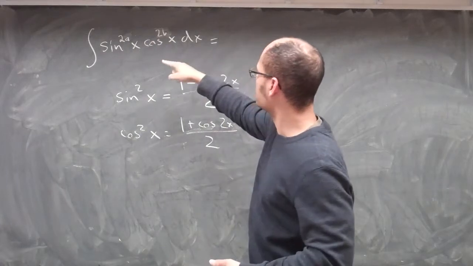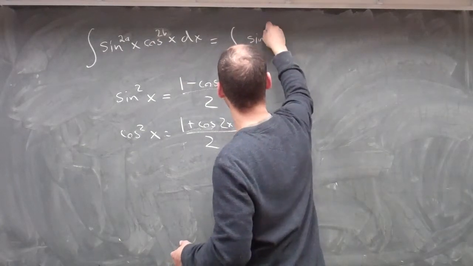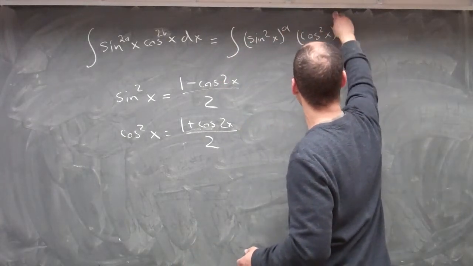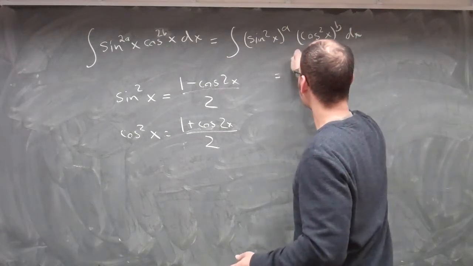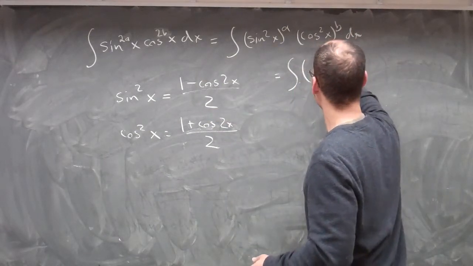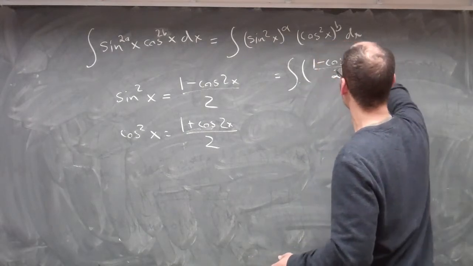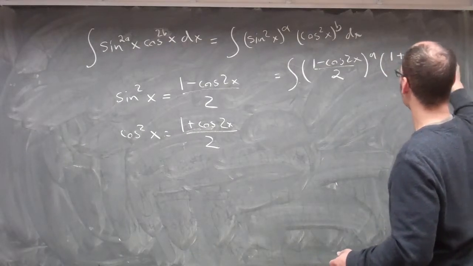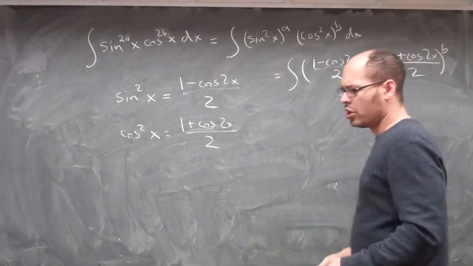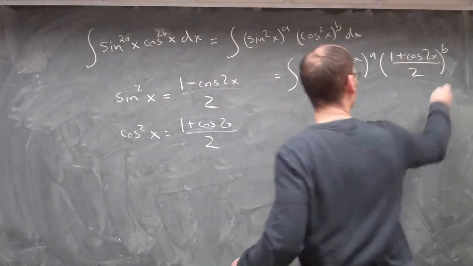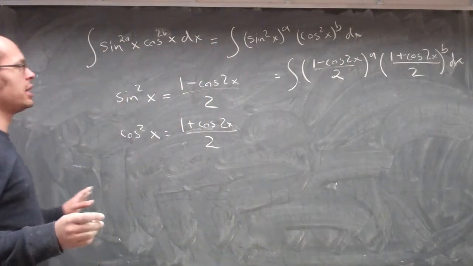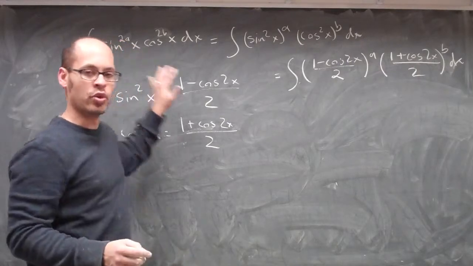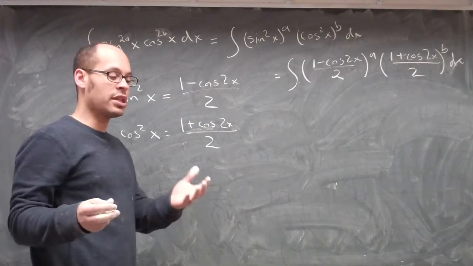We say the first thing is the sine squared of x to the power a, and the second is the cosine squared of x to the power b dx, and use these identities to get (1 minus cosine 2x over 2) to the a, and (1 plus cosine 2x over 2) to the b, dx. What have we gained? We have a bigger expression, but the exponents all dropped by a factor of 2, so in some sense we have a simpler problem.